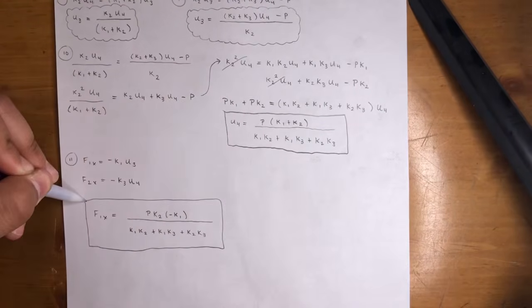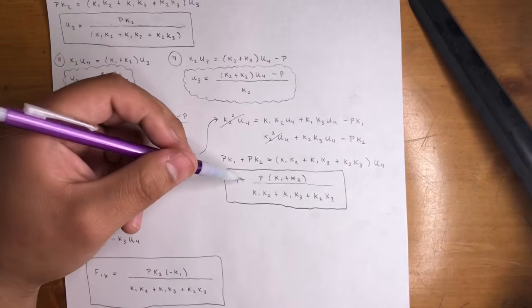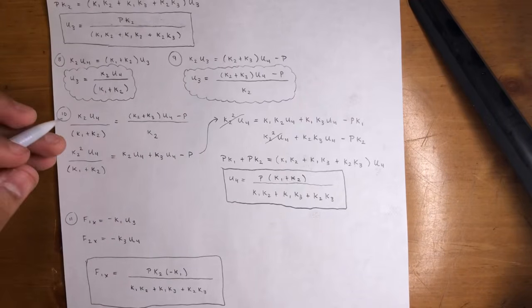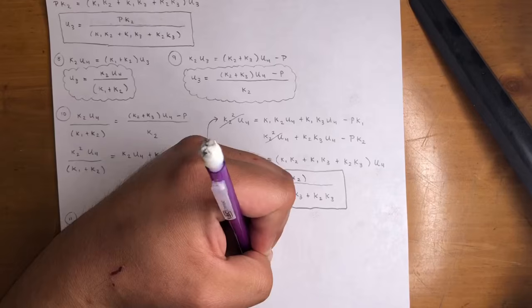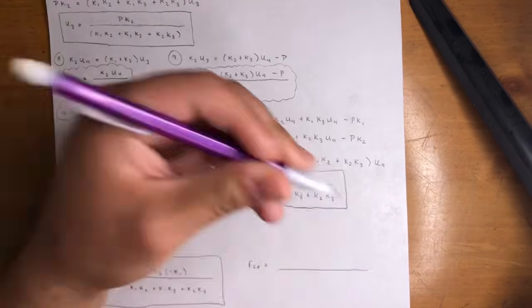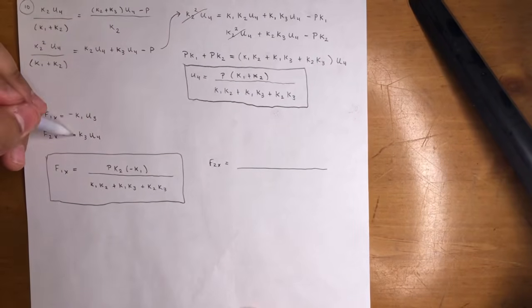I do remember that finding the U's, even though in this case it's very long because of the variables, even in the tests, U is the longest process. So the forces at the end are pretty easy. And F2x is just this right here, and then just add a negative k3 to it.